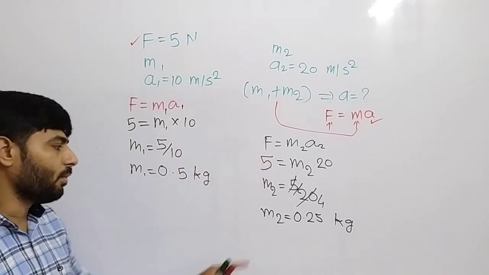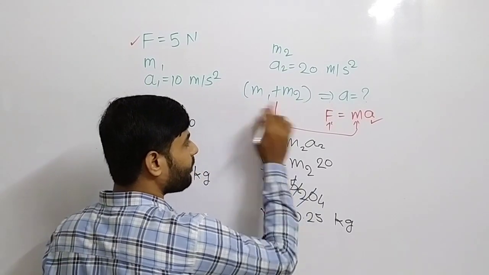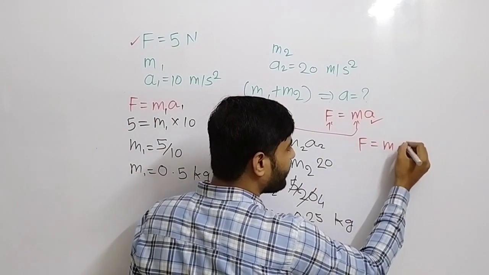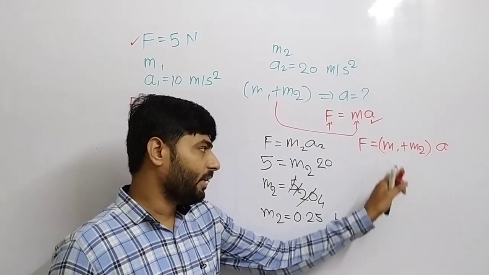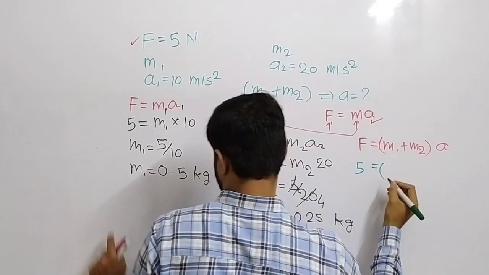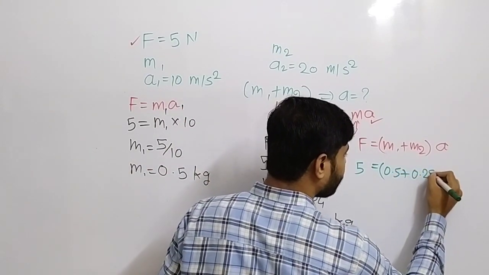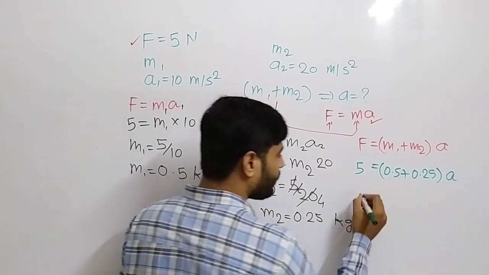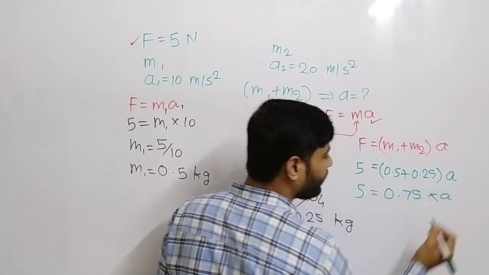So now I have both m1 and m2. Now I can put the value of m1 plus m2 in this equation. I have F is equal to (m1 plus m2) into a. Now put the values of m1 and m2 here. So I have 5 is equal to (0.5 plus 0.25) into a, which is 0.75 into a.